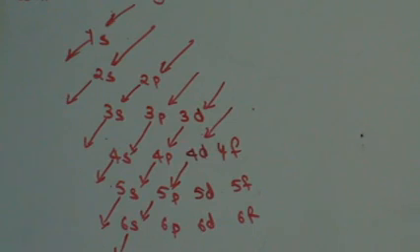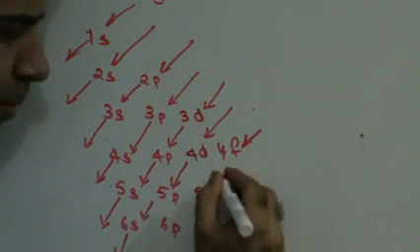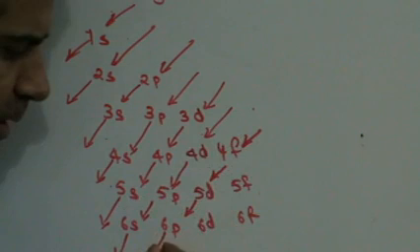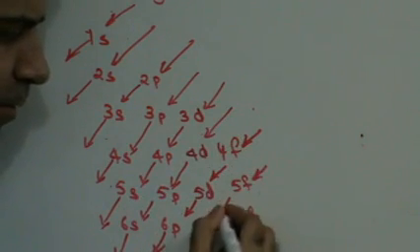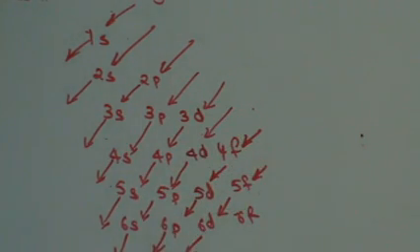That's how you will have the orbitals filled. Then you will have 4f, 5d, 6p, 5f, 6f and so on. Right, do you get this?